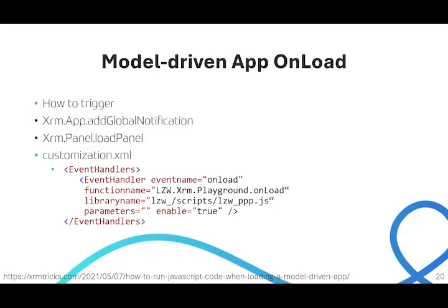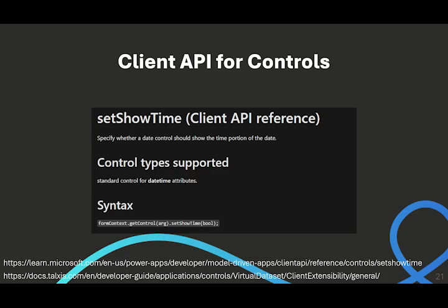Okay, so now there are some client APIs for the controls. Some of the controls support a specific client API. One of the examples is setShowTime, and that is for the out-of-the-box date-time control.